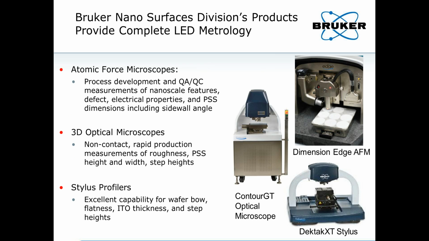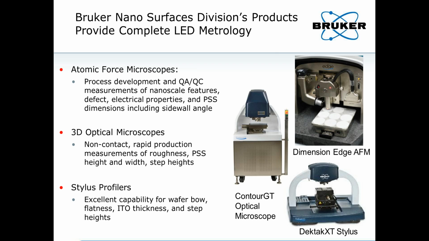The AFM tools can measure nanoscale features at incredibly high lateral resolution as well as vertical resolution. The 3D optical microscopes can do rapid non-contact measurements for roughness, PSS height and width. Some step height measurements can be done as well as many other applications. And then stylus profilers can provide excellent capability for wafer bow, flatness, ITO thickness, and step heights.